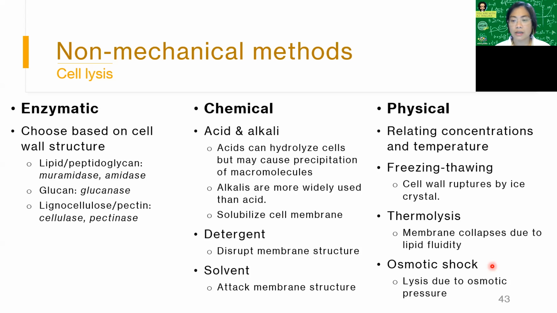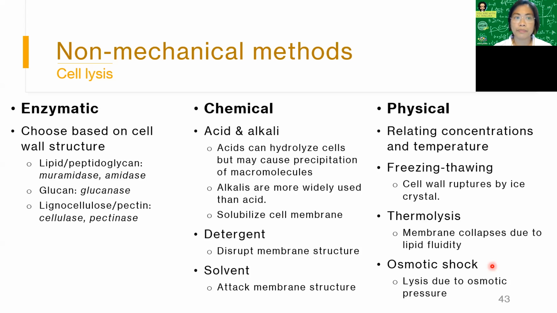Osmotic shock lysis normally applies to cells that don't have a cell wall, very weak cells like animal cells, or protoplasts, which are yeast cells that have had the cell wall removed, so they have only the cell membrane.